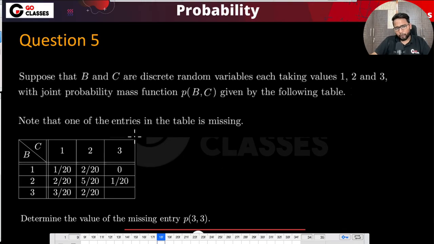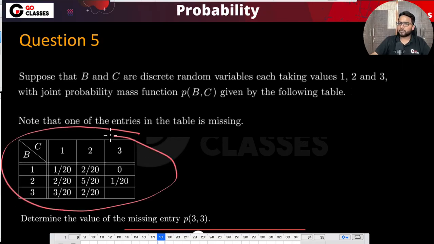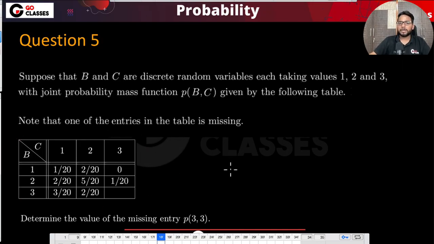All of these will combinedly give you the complete sample space, or the partition of the sample space, which means the only possible values of B are 1 to 3 and of C are 1 to 3. So if I add all of these possible values, let's not go with the notation, otherwise you will get confused.